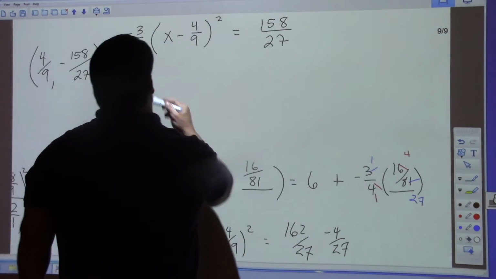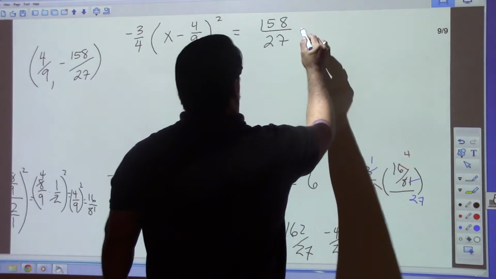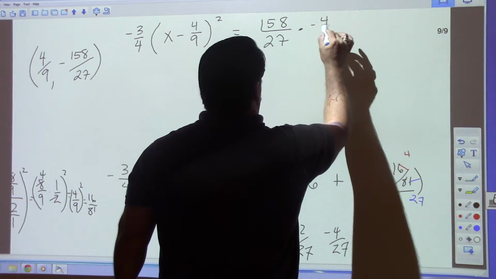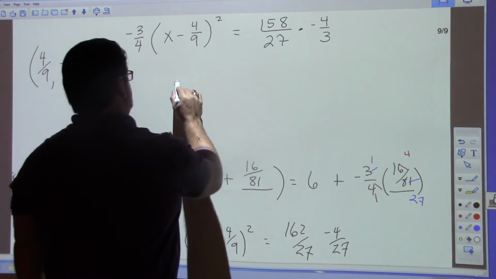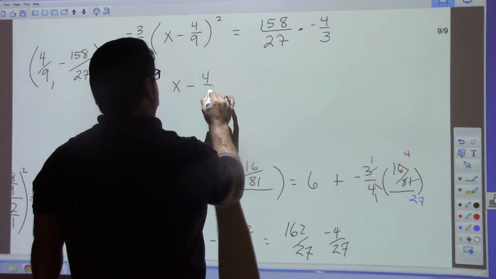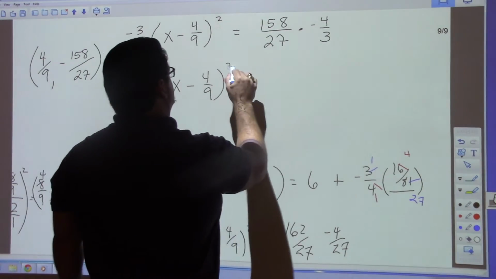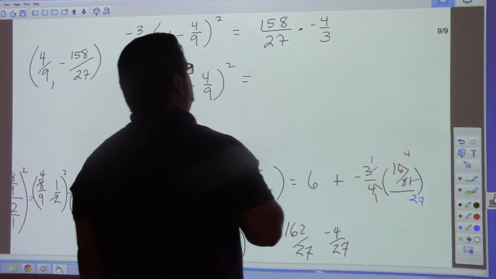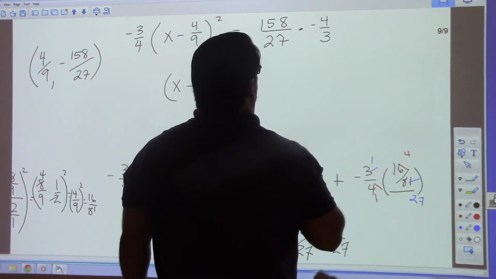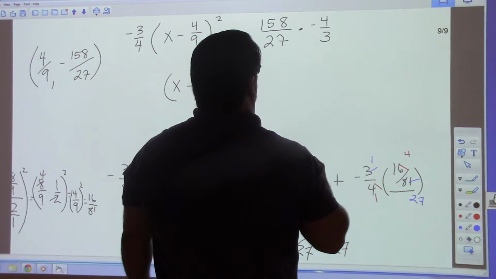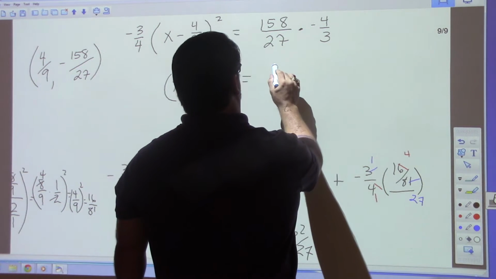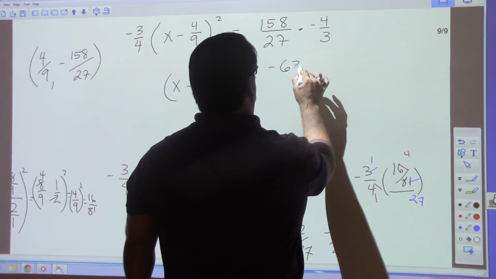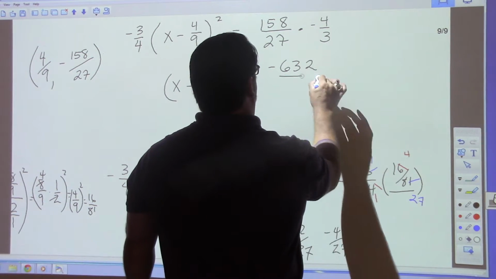Now I'm going to divide by 3/4, which is multiplied by 4/3. That's going to give me (x minus 4/9) quantity squared is equal to negative 632 over 81.